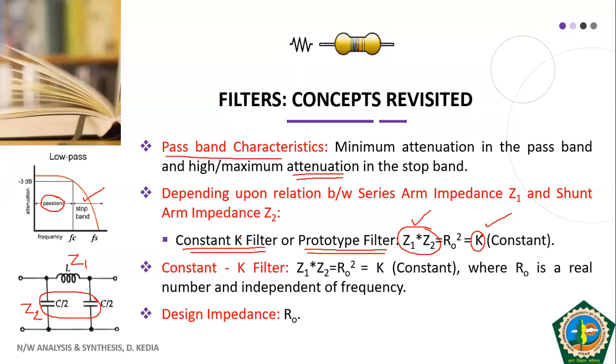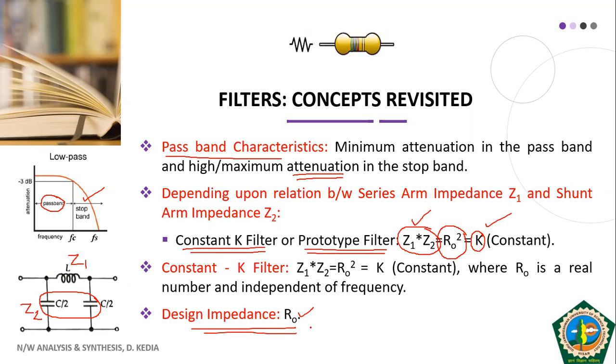This is a feature of the constant K filter, that when you multiply the complete impedance of the series arm and the parallel arm, you get a constant, and that constant we represent in the form of R naught square, and we call this R naught the design impedance. This R naught is the design impedance and Z naught is the characteristic impedance.